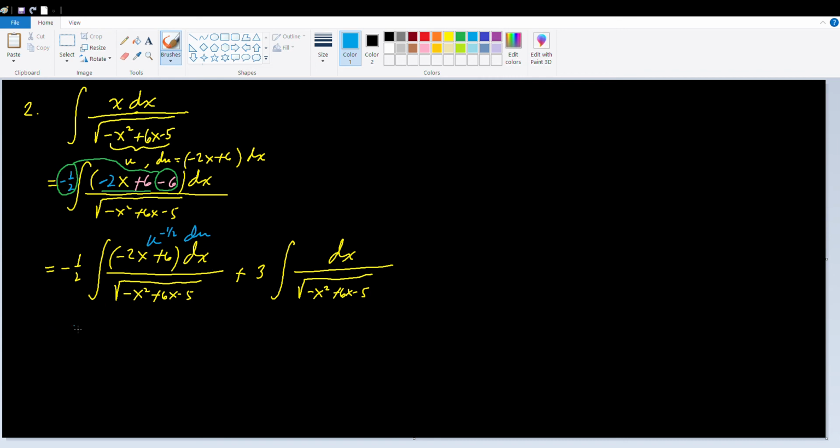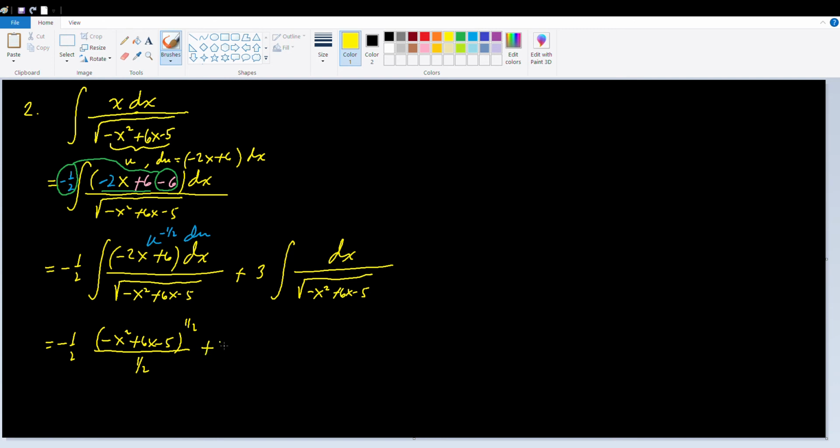So we apply the power formula. Negative 1/2, u to the negative 1/2 becomes u to the positive 1/2. That will be negative x squared plus 6x minus 5 raised to positive 1/2 all over 1/2.